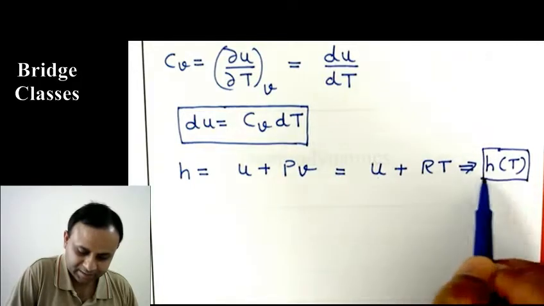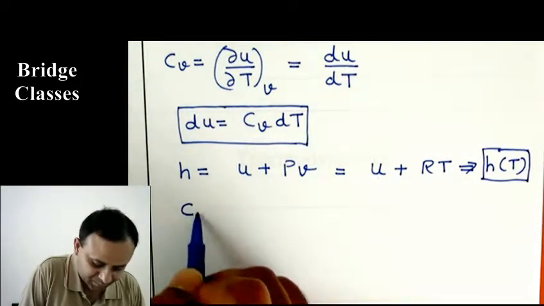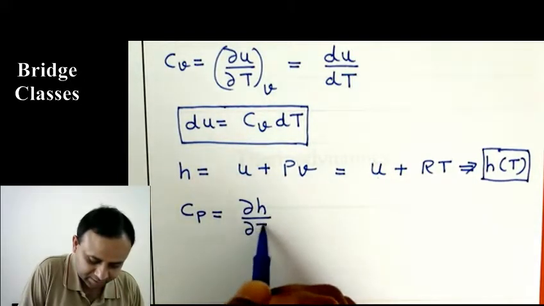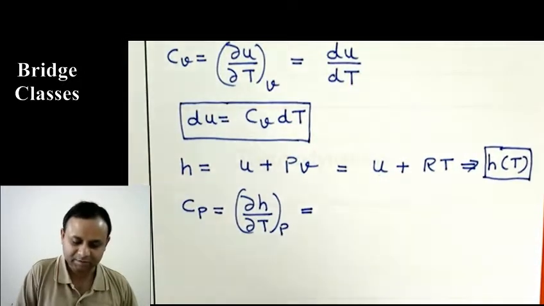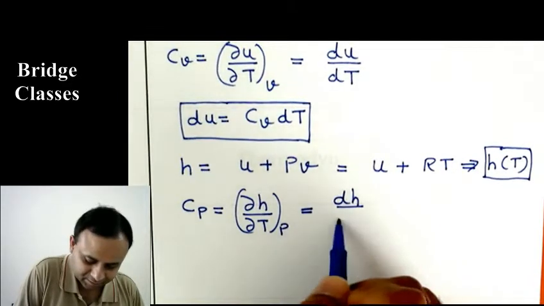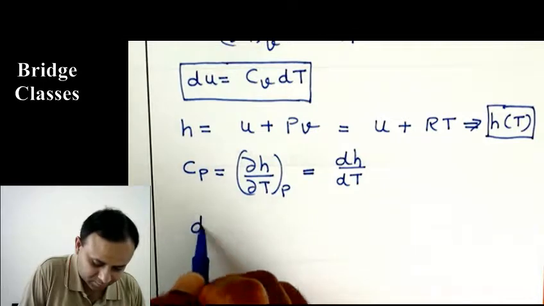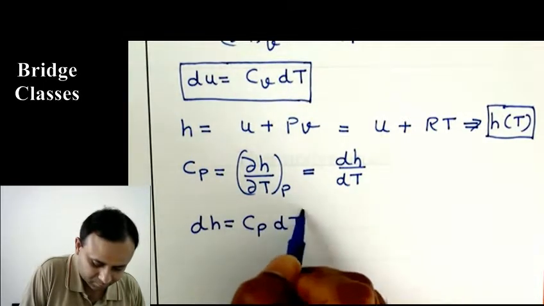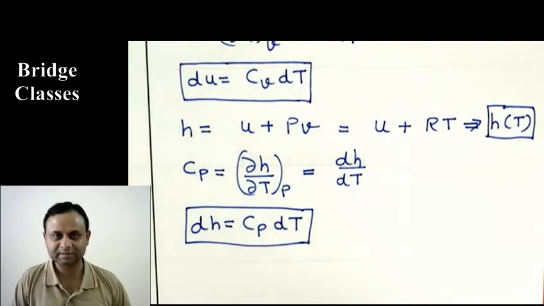For an ideal gas, H also is a function of temperature only. And Cp, which is defined as del H del T at constant pressure, because H depends only on temperature, becomes dH/dT. Or you can write dH is Cp dT.